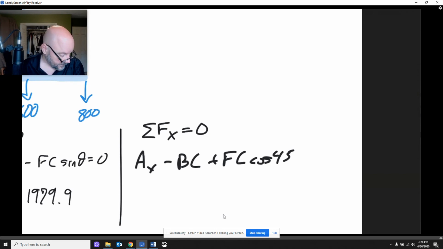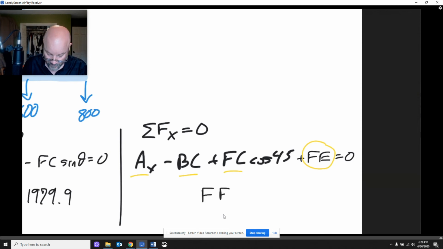And FE is going to be in the positive direction, plus FE is equal to 0. We know AX, BC, FC. Now we can find FE. And once you do that, the FE that you're going to get is 800.